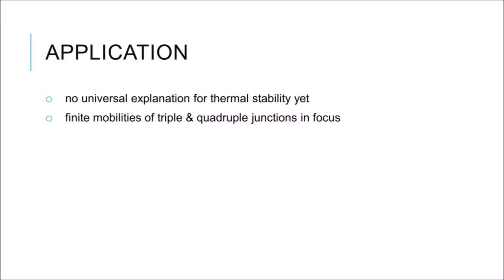Now, no universal explanation has been found for this thermal stability yet. But finite mobilities of triple and quadruple junctions are in the focus. And it has been shown analytically that taking finite mobilities of triple and quadruple junctions into account actually changes what we observe.